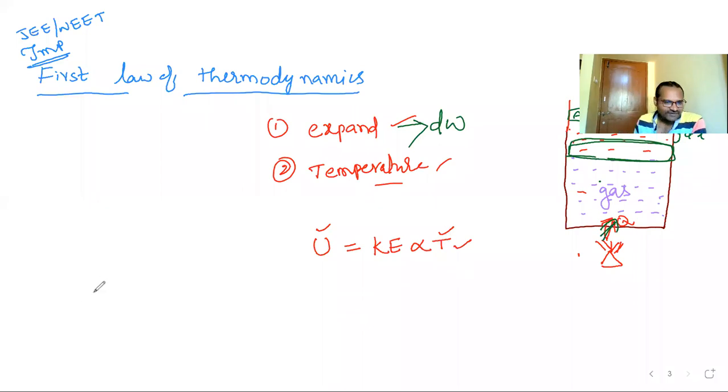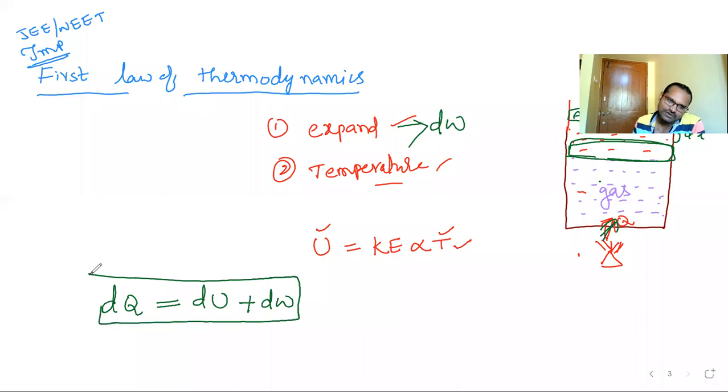That is formulated like this: the heat energy supplied to the gas will be equal to the sum of the increase in internal energy of the gas and the work done by the gas. This statement is called the first law of thermodynamics.